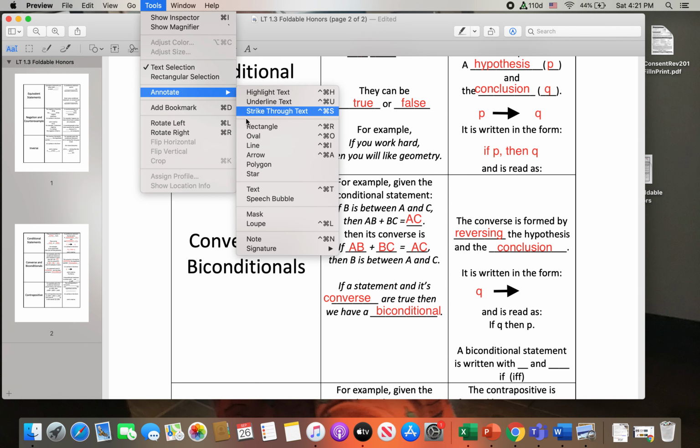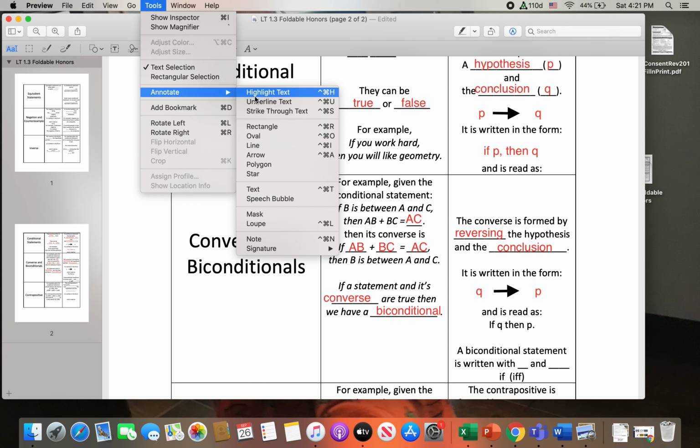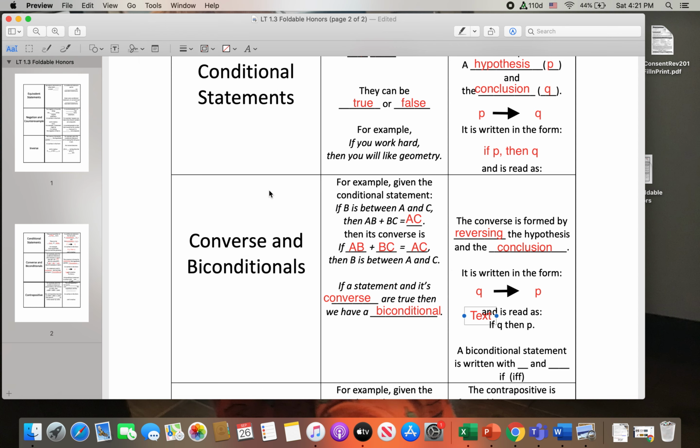And then put the other letter, which is P. So this was P then Q. This is Q then P. And it is read as if Q then P. A biconditional is written with the P and the Q.